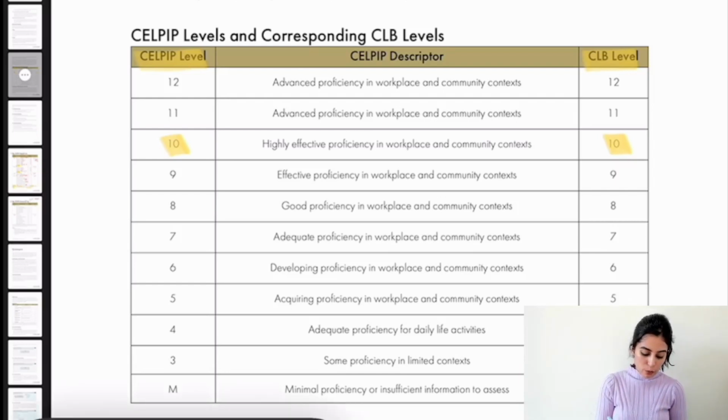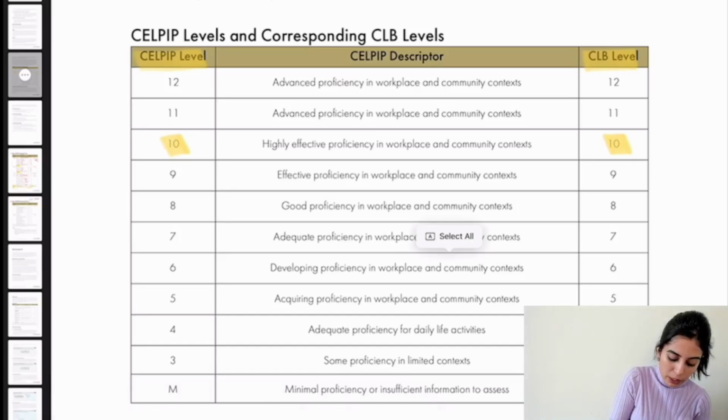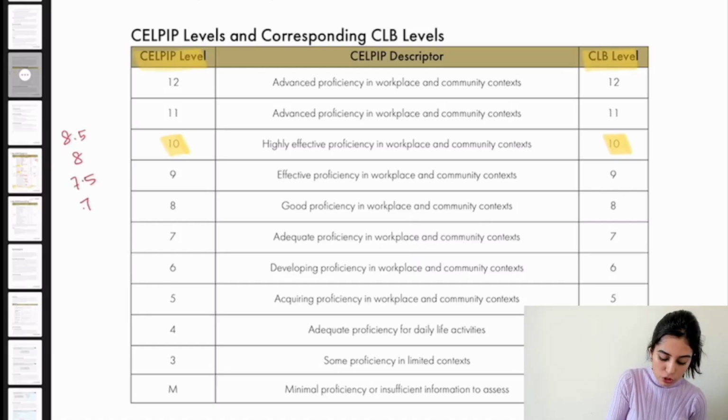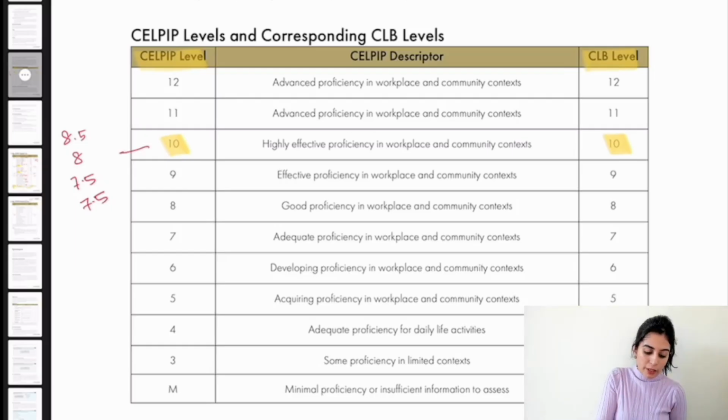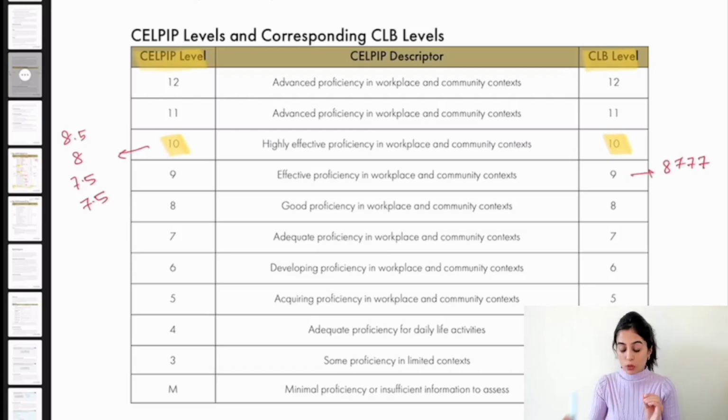Now, 10 would mean, if somebody has already taken the IELTS test, 10 would mean 8.5 in listening, 8 in reading, 7.5 each in writing and speaking. This equals 10. And if you're someone who's aiming for CLB 9, it equals 8, 7, 7, 7 in case of the IELTS test.